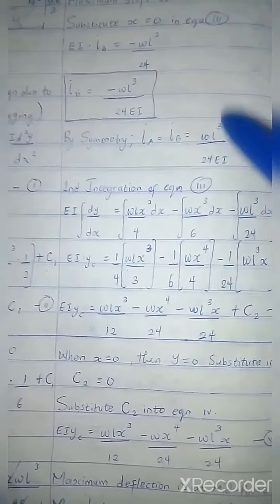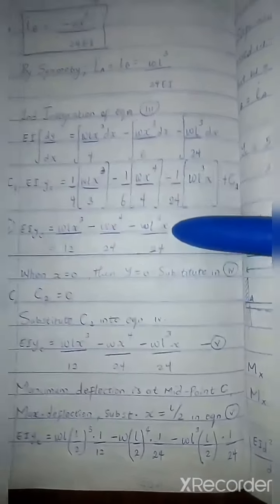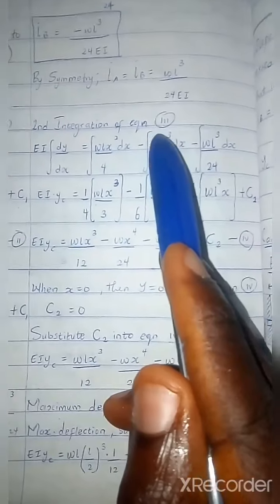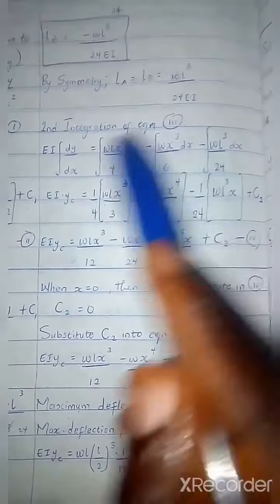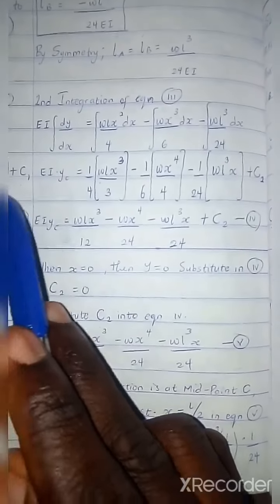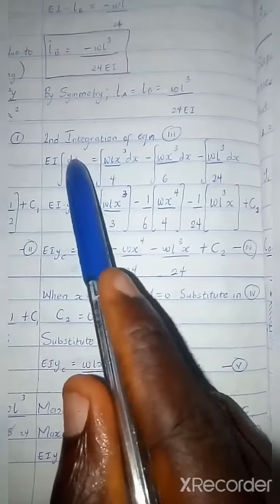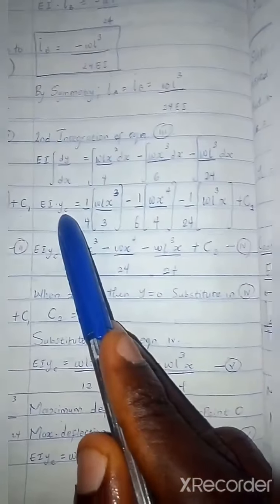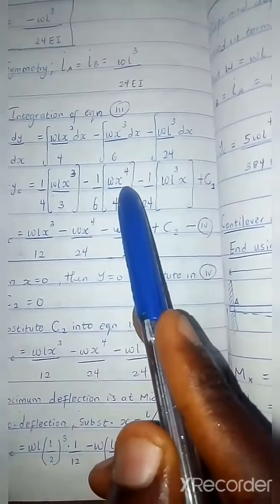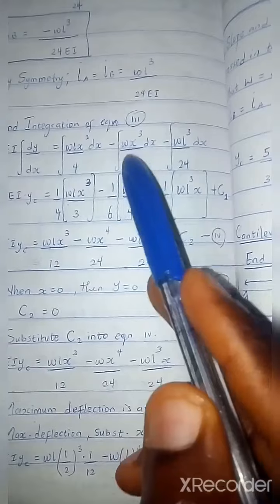After getting the slope, the next thing is we integrate to get the maximum deflection. So for the second integration, proceed from the previous equation, equation 3, and integrate it, following the steps. When you integrate dy/dx, it becomes y. When you integrate this, you bring out the coefficient, that's 1/6.